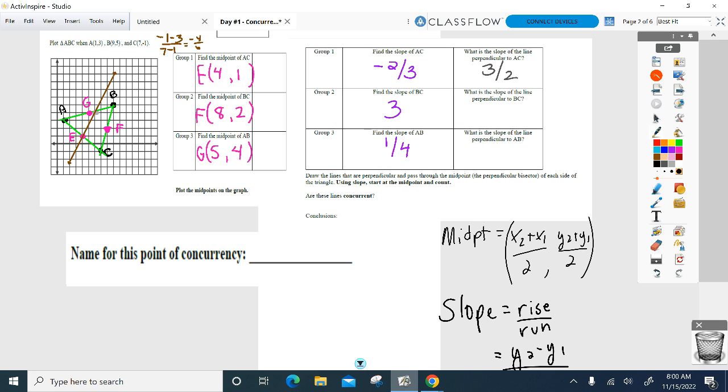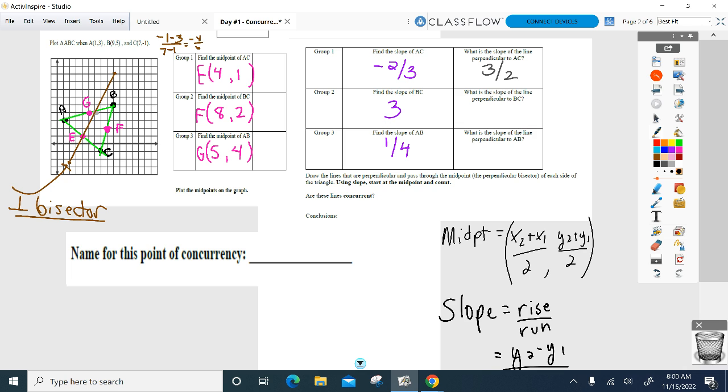This line is perpendicular to AC and bisects AC. Put them together. This is a what? Okay, Ray. It's perpendicular to AC and bisects it. That's all I'm looking for. This is a perpendicular bisector, everyone.